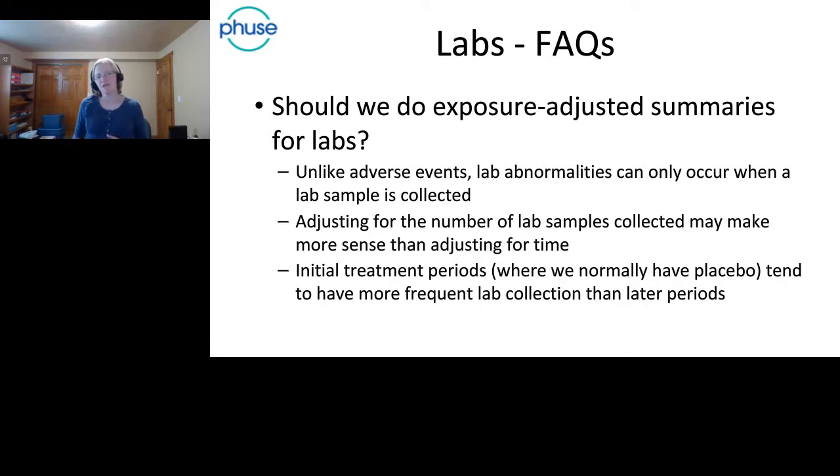So this gets tricky. We don't have a great solution for this. All I'm saying is be aware of this. Be aware that adjusting for time for labs may not be doing what you think it is doing. It's not really adjusting for time, because you really need to be focusing on how often you collect labs.